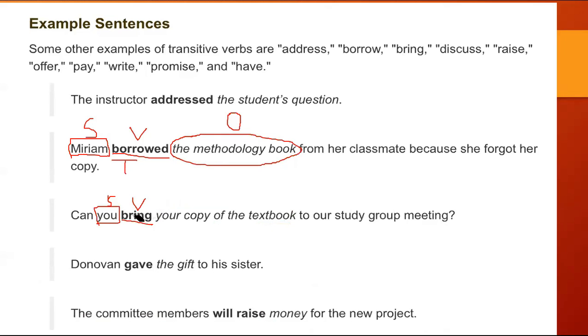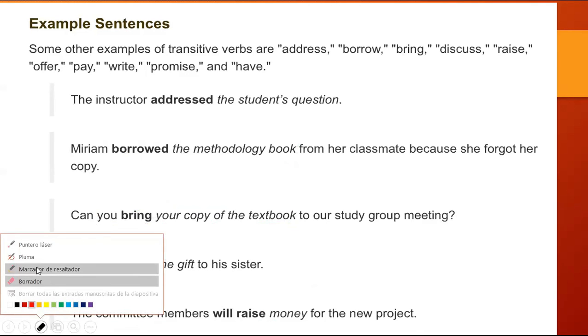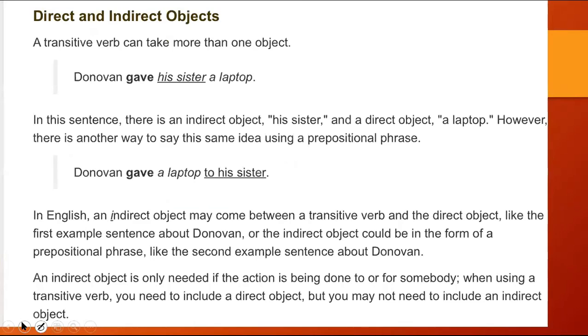Okay, nice. We're gonna go to another topic, just the introduction. Today we are not going to understand all this topic, but I'm just gonna show you what we're gonna be looking at next week: direct and indirect objects. What we have in transitive verbs are called direct objects.